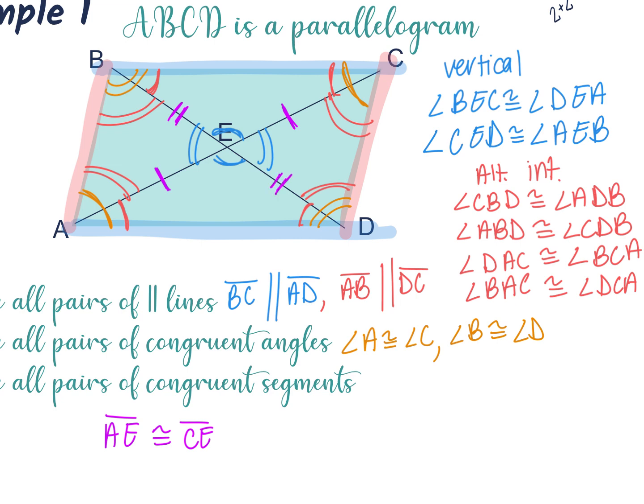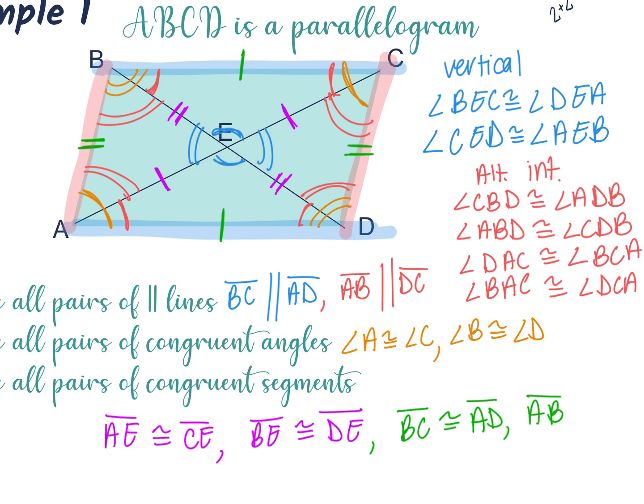BE is congruent to DE, and I have 2 more. This one and this one. BC is congruent to AD, and my last one is AB is congruent to DC.